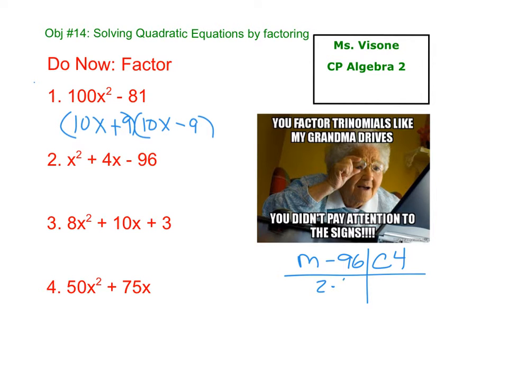It's 2 times 48. 3 times 32. 4 times 24. 5 doesn't work. 6 times 16. 7 doesn't work. 8 times 12. Alright, so our 8 is negative to give us a positive 4. So x minus 8, x plus 12.